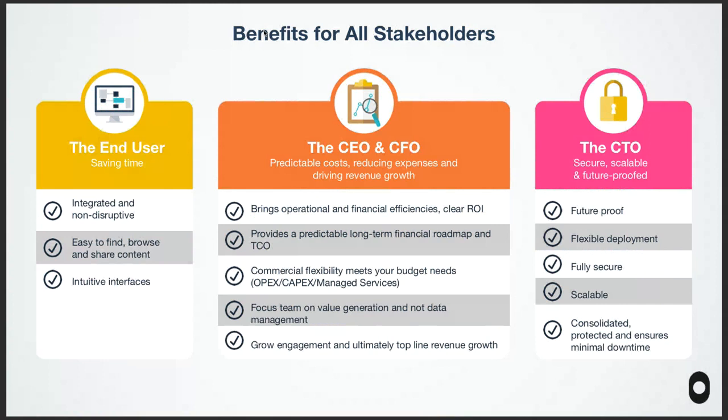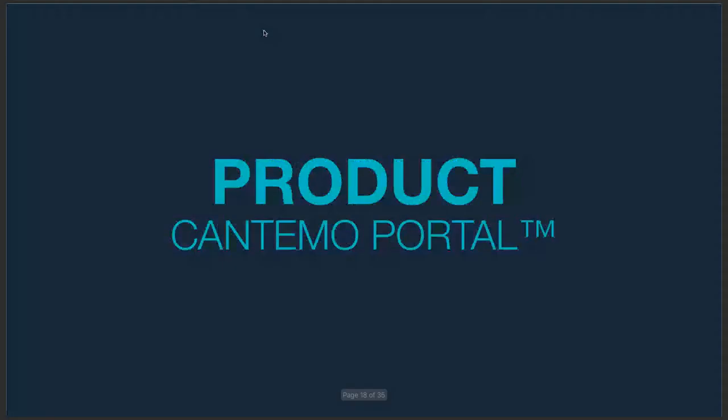And then lastly, we try and make the CTO and the CTO's engineers happy by ensuring they've got a nice, secure, future-proof platform, something that's got minimum amount of maintenance, minimum amount of interfaces to mess around with, and fully secure, fully scalable, and very flexible deployments for them.